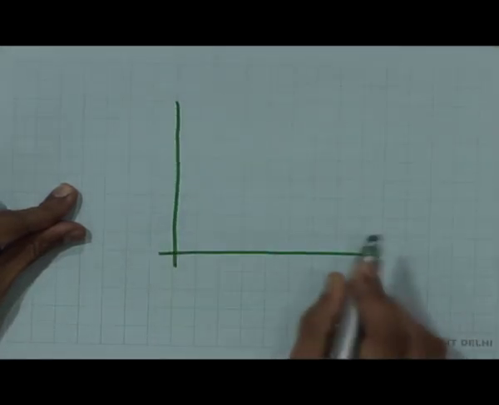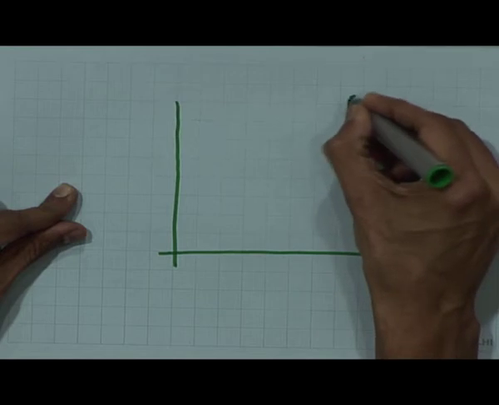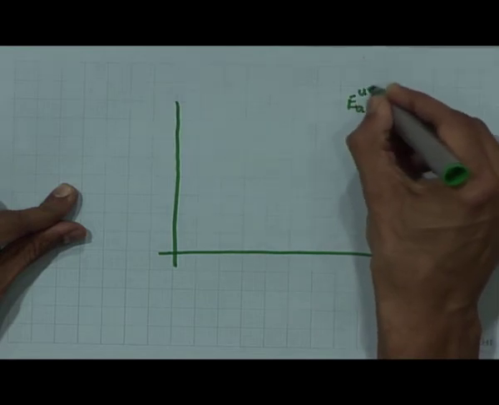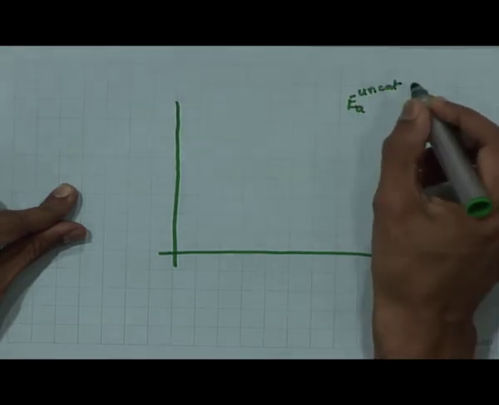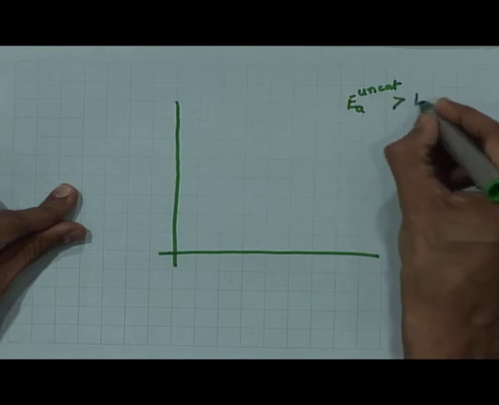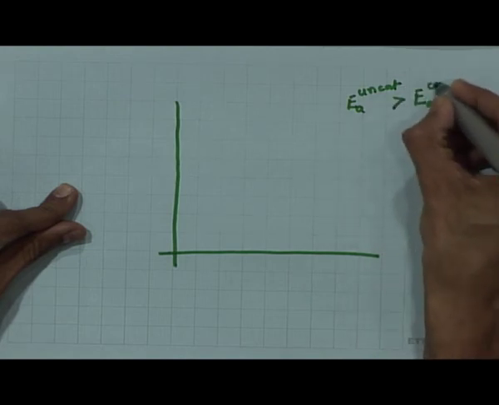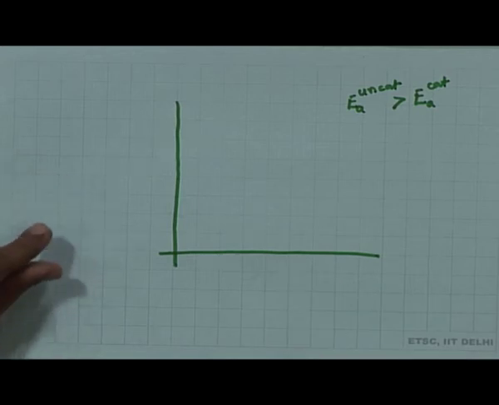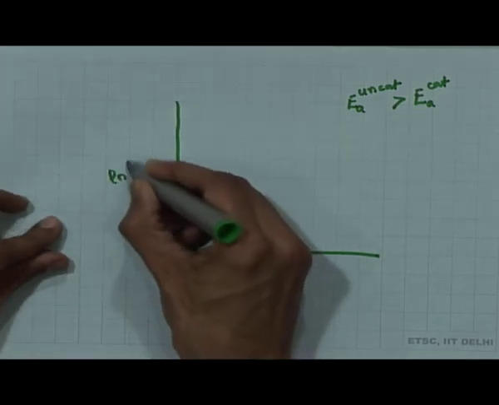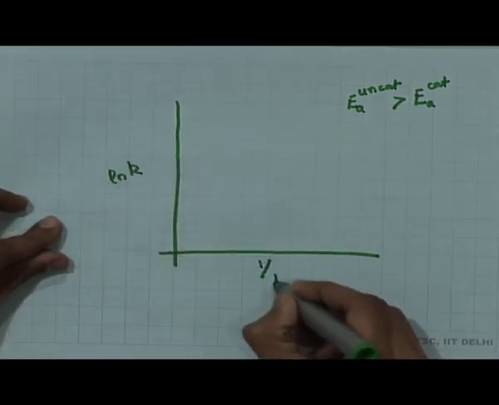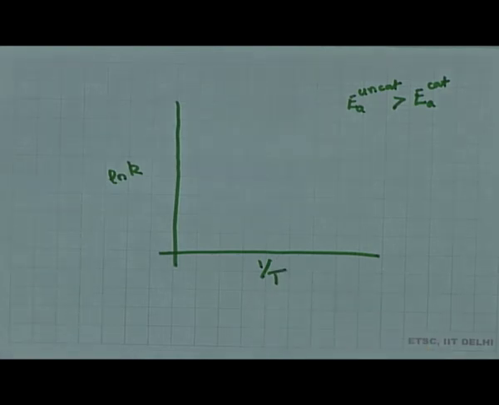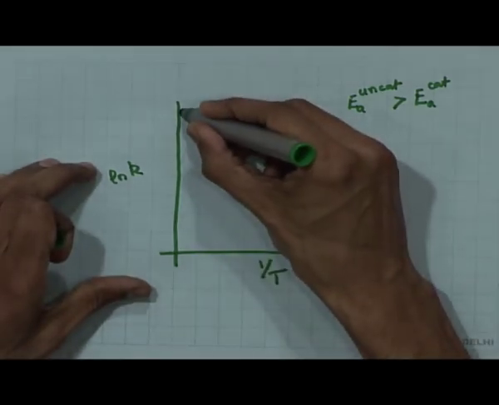what we are saying is the EA of the uncatalyzed reaction is much greater than the EA of the catalyzed reaction. So, if you plotted ln k versus 1 over T, we know from our discussion in chemical kinetics that it looks like this.